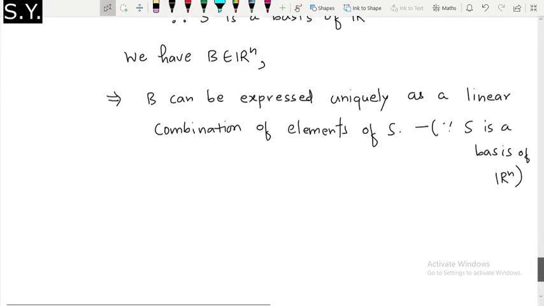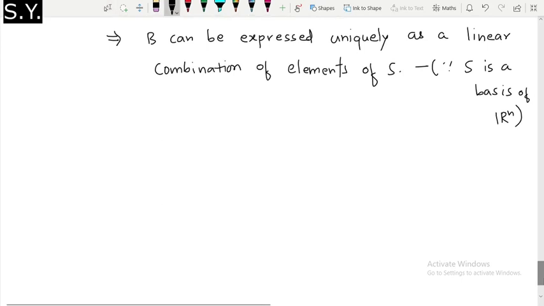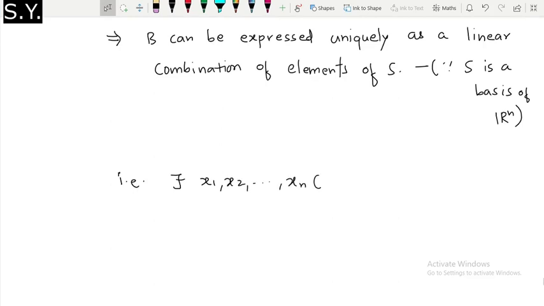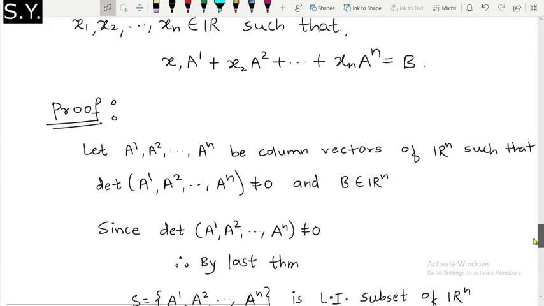And now writing it in terms of words, that is nothing but what? That is, there exist x1, x2 up to so on, xn belonging to R. I should add the unique word, right? That is what is said in the portion, in the same order we will write.